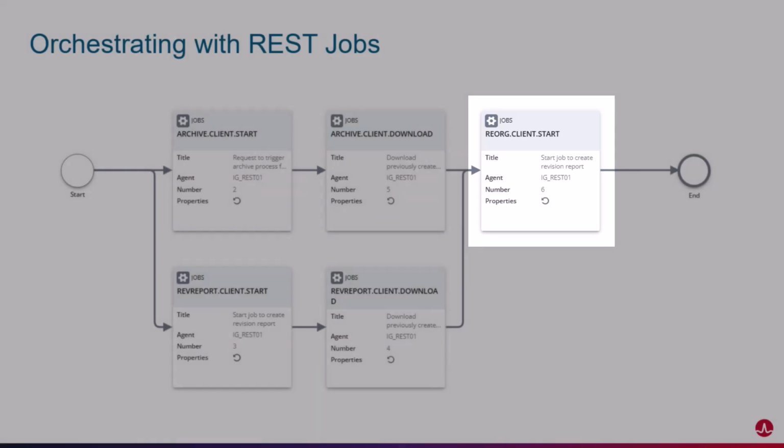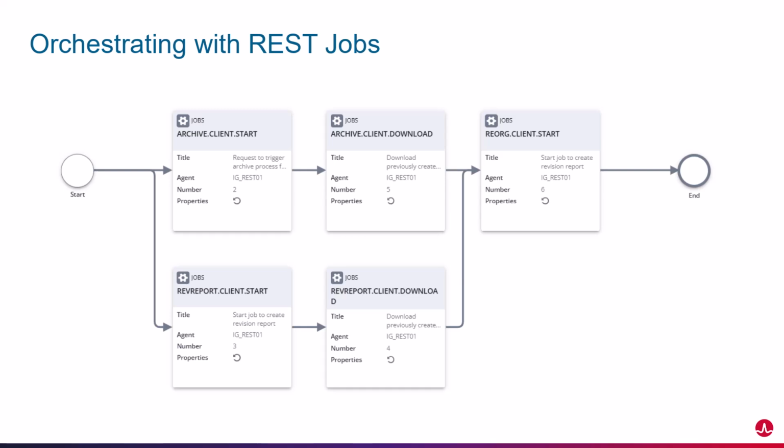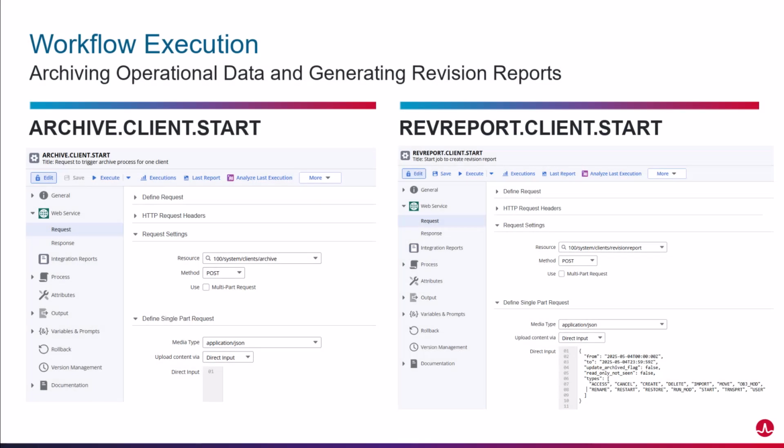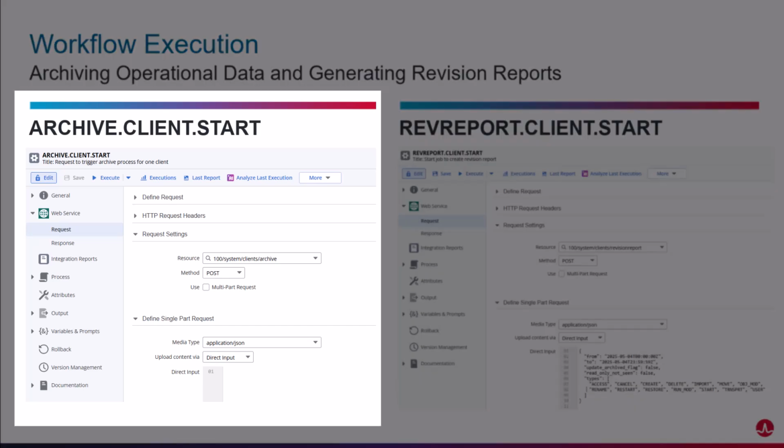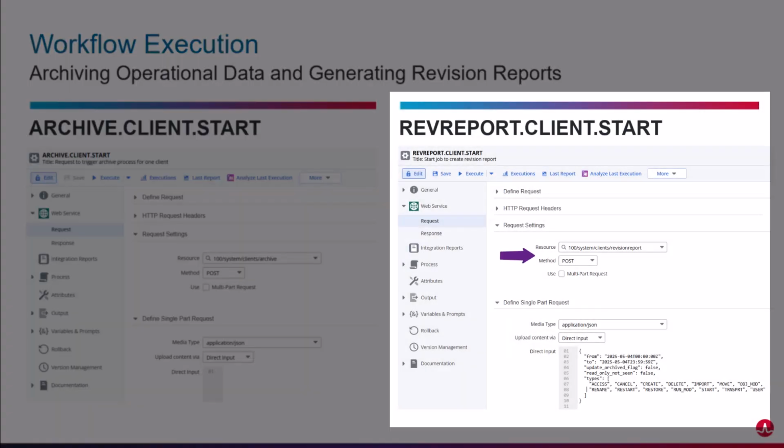Let's break down exactly how it operates step by step, focusing on the REST API endpoints driving the process behind the scenes. The first jobs triggered are Archive Client Start and REVR Client Start. The Archive job sends a POST request to the Archive Data endpoint. Simultaneously, the Revision Report job sends a POST request to the Revision Report endpoint, passing a specific JSON payload via direct input.